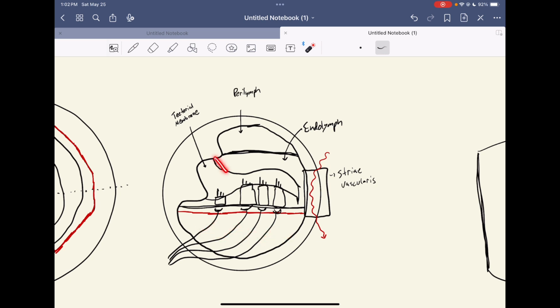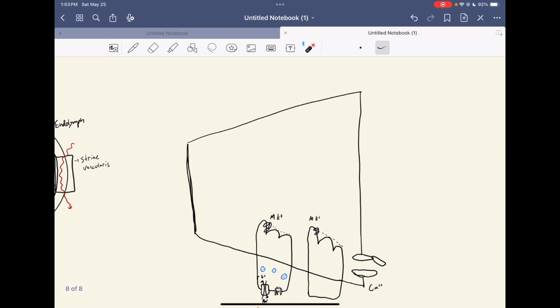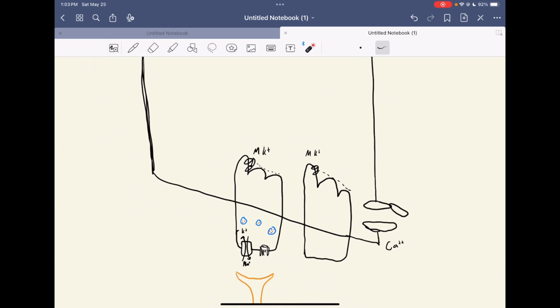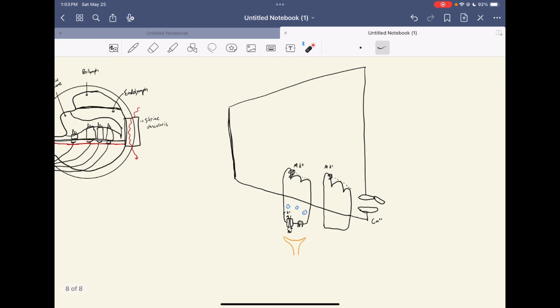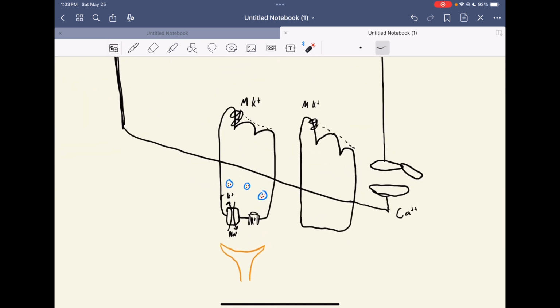And then this outline is the tectorial membrane, which is where we have these hair cells that attach. The hair cells attach into that tectorial membrane, and these little protrusions of the hairs are what cause us to hear. So if we blow one of these up, this is all the tectorial membrane and part of the endolymph.